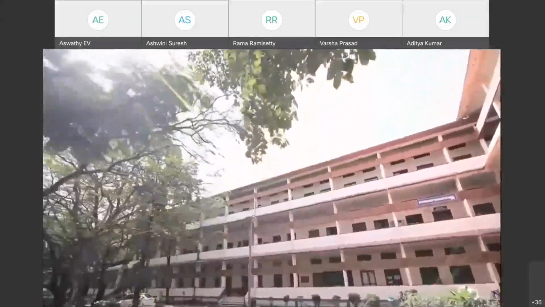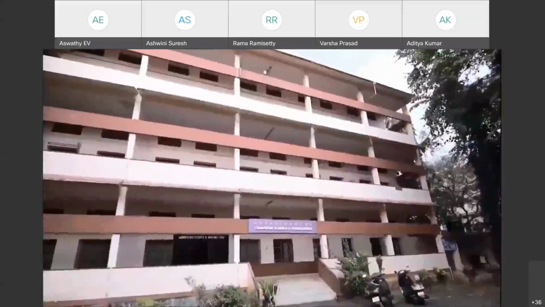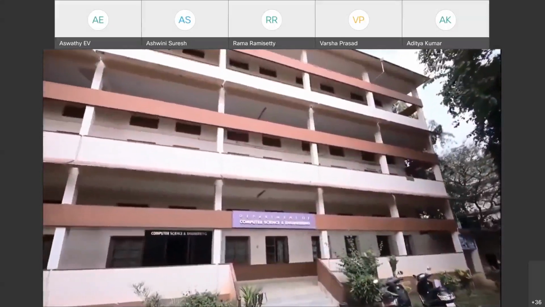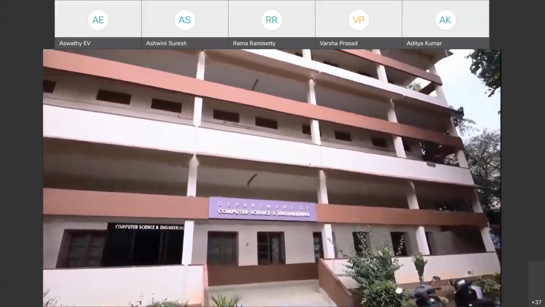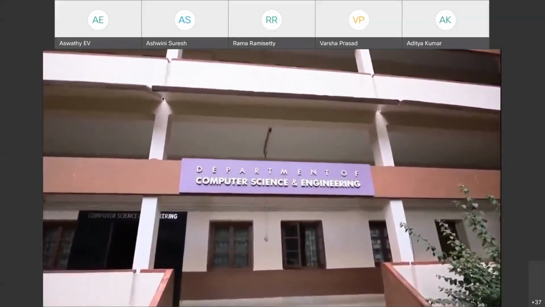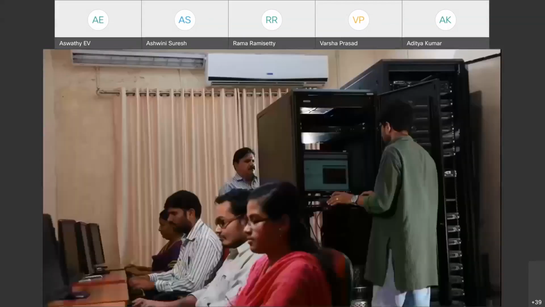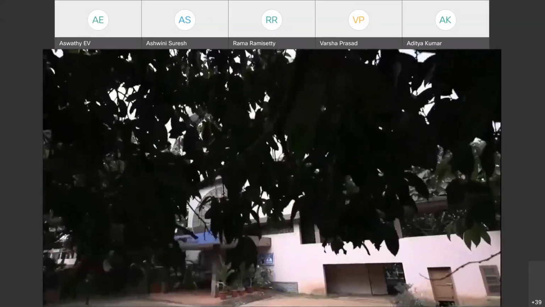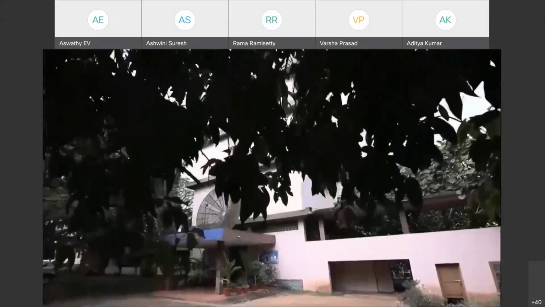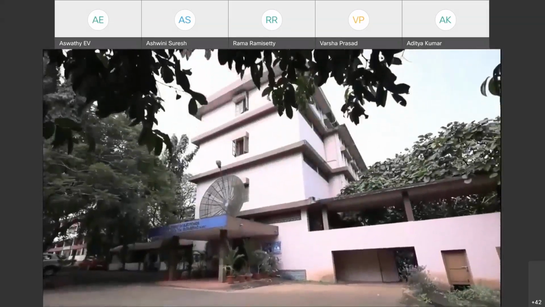Towards the very left, you can see the computer science and engineering department, which houses labs such as the cloud computing lab, the big data lab, the image processing and multimedia labs, and the machine learning lab. Towards the right of the computer science and engineering, we have the Department of Electronics and Communication Engineering.